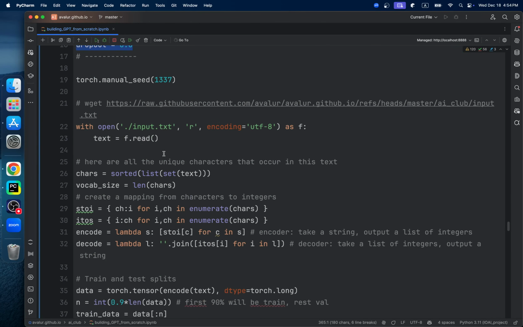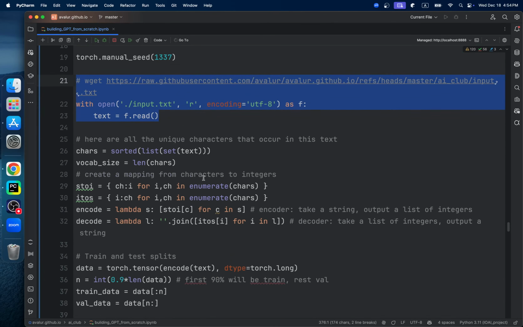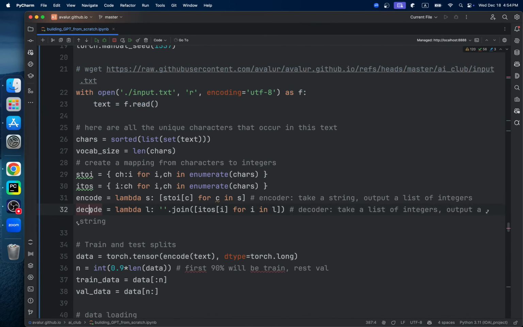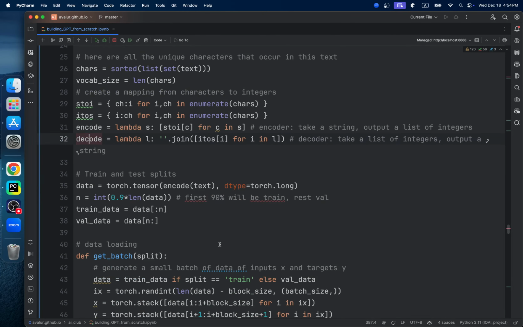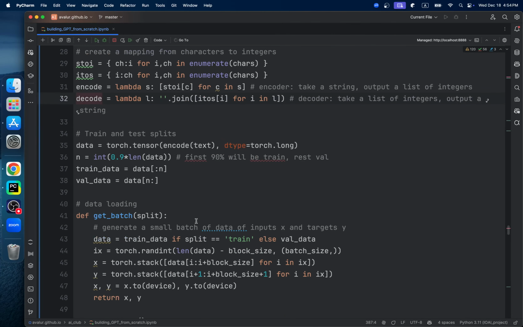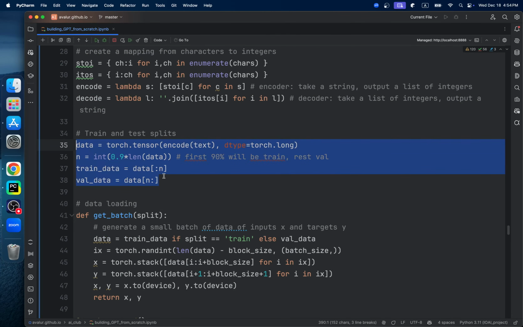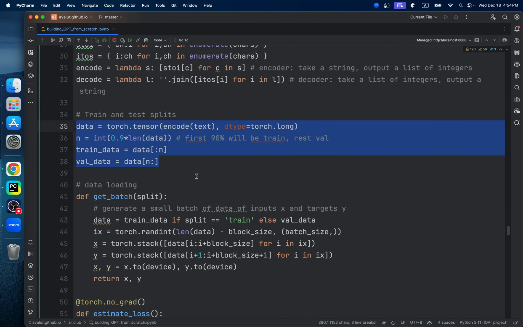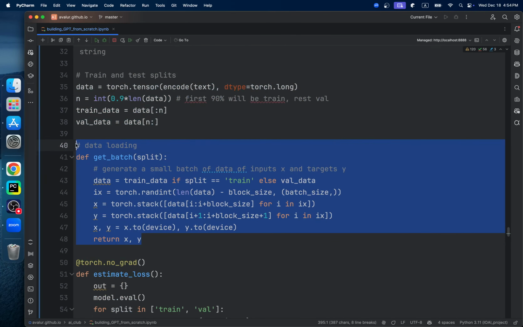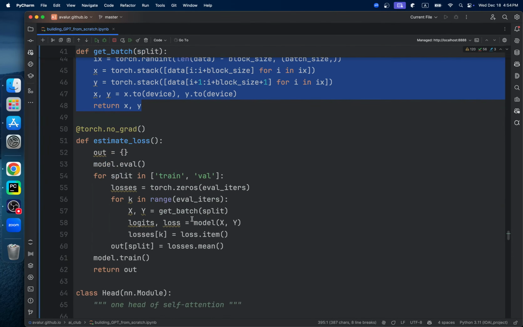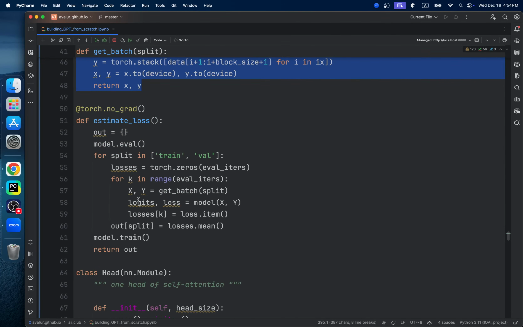Then here again we read the dataset, and we create simple encode and decode operations just to convert characters to numbers. This is the same splitting into train and val or test. The dataset is the same, the get_batch function is the same, and the usual estimate_loss.